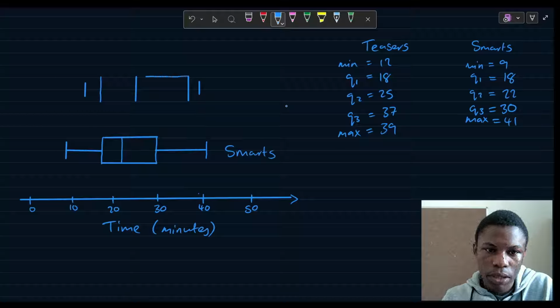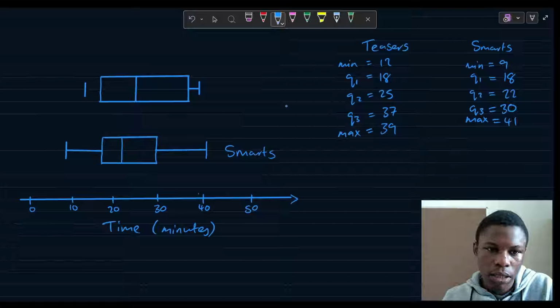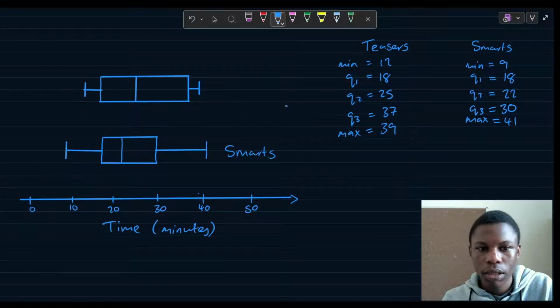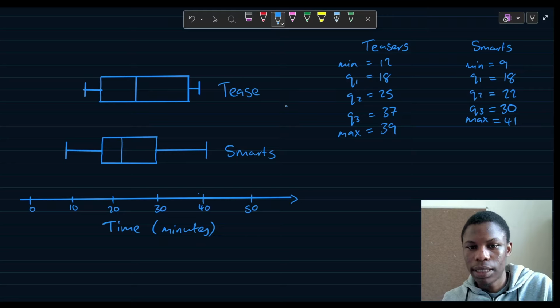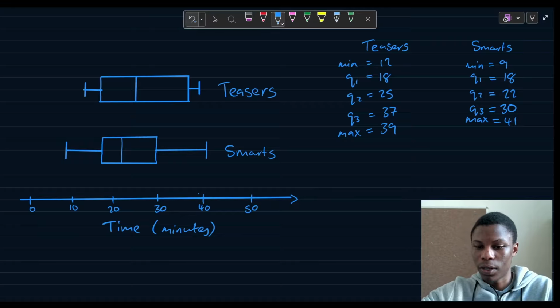Draw the box, so connect your upper and lower quartile, and then the whiskers. Okay, and label this. This is for the teasers. All right, so that's your box and whisker plot.